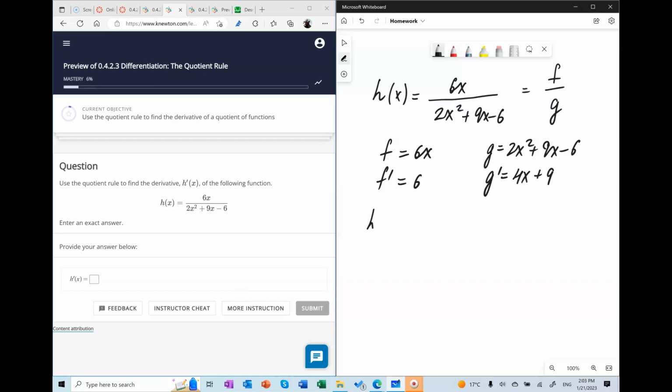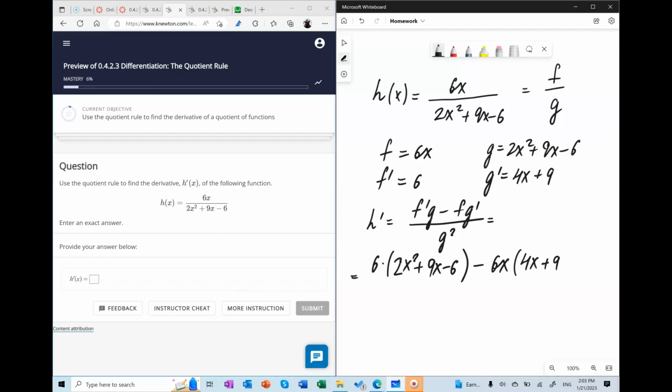And now to find the derivative, we're going to use f prime g minus f g prime divided by g squared. So in our case, f prime is 6, g is 2x squared plus 9x minus 6, minus f times g prime, and all that divided by g squared, which is 2x squared plus 9x minus 6 squared.